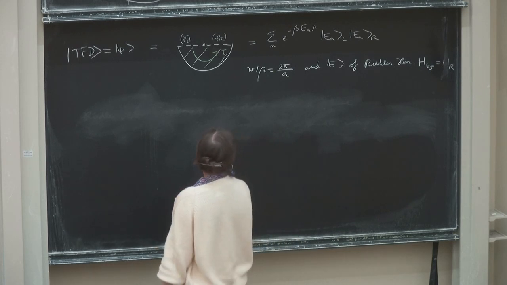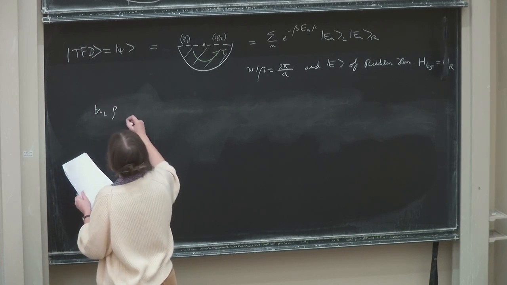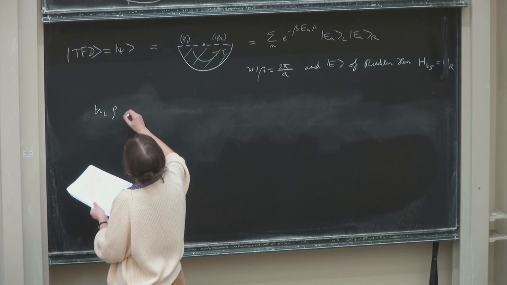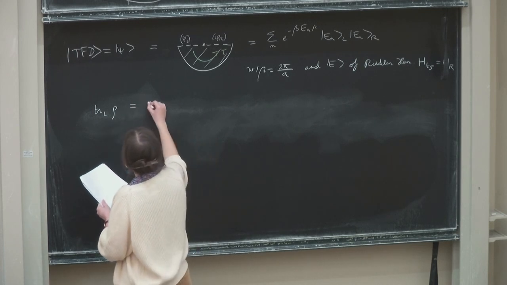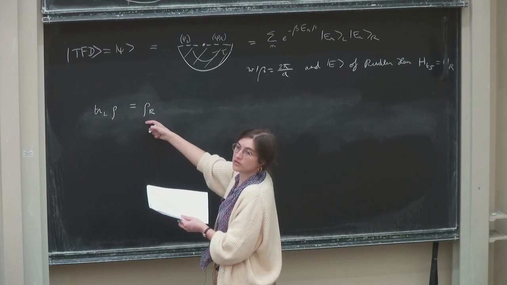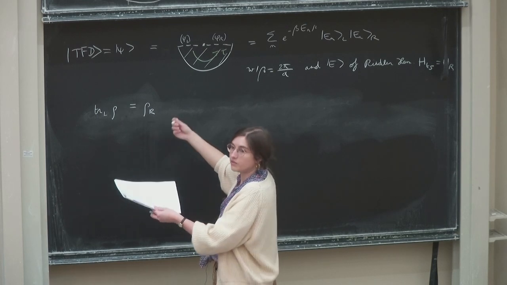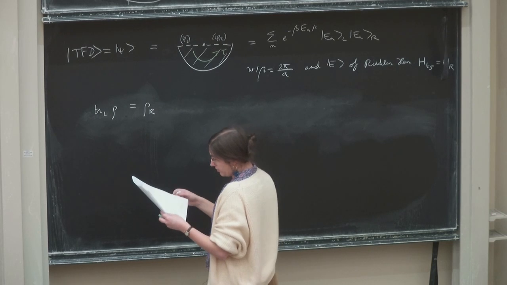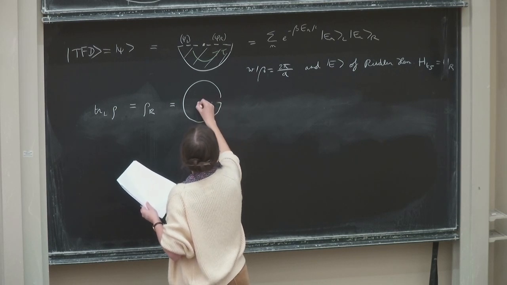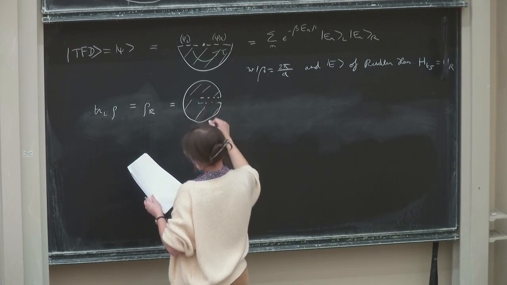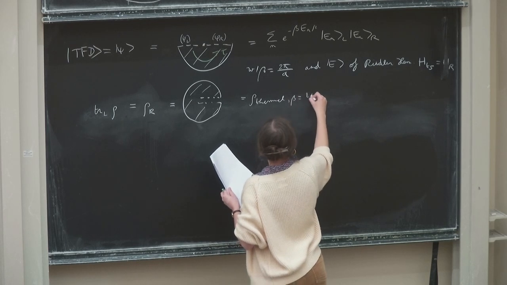In thermal field double language again, this state is constructed so that if you trace out the left copy from the density matrix, you get a thermal reduced density matrix as seen from the right copy. So this is the TFD version of the Rindler or Unruh statement, okay? So you get that this is equal now to this picture, okay? So it's rho thermal with beta is 2 pi over A.